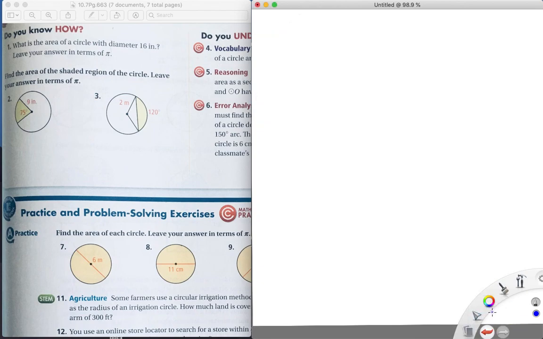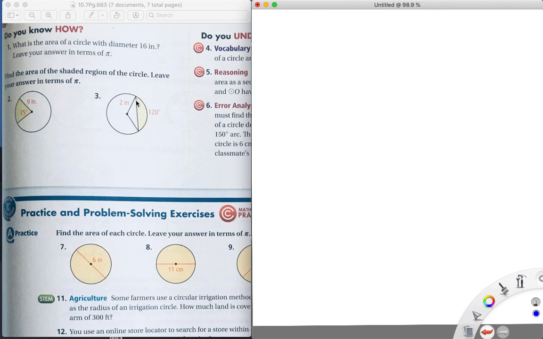Number 3. They want you to have the area of the segment. So remember, this sector minus this triangle is equal to that segment.